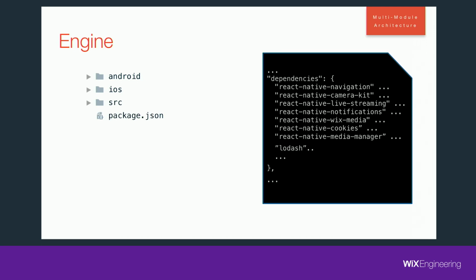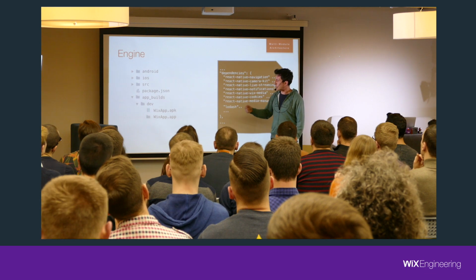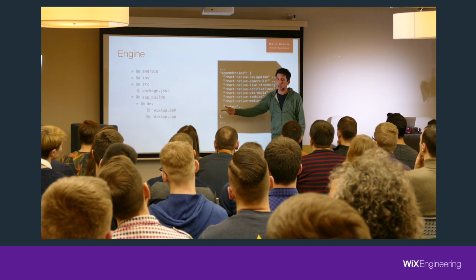And we have a package.json that will contain all the native dependencies, all the libraries as dependencies. In addition, when we build the engine on our CI, it will build the native code and generate an APK and an app file. App is like APK.